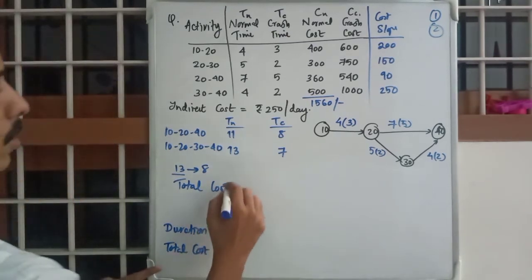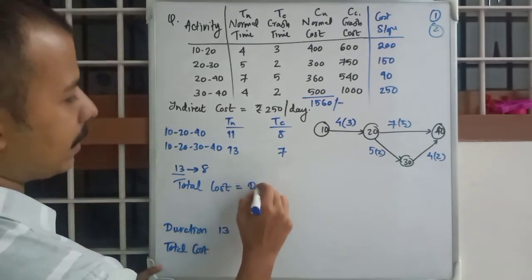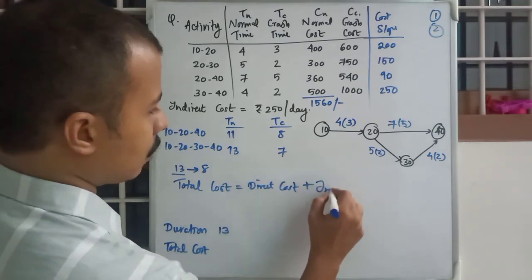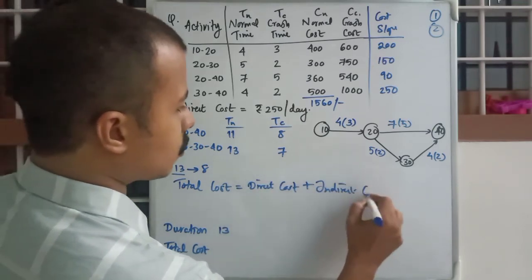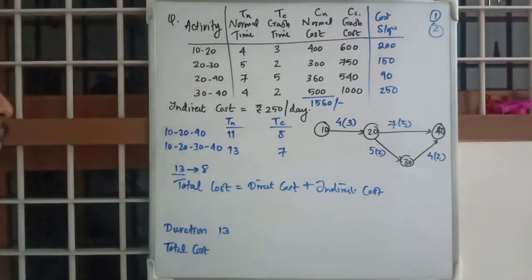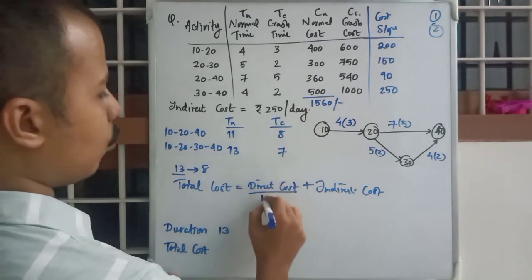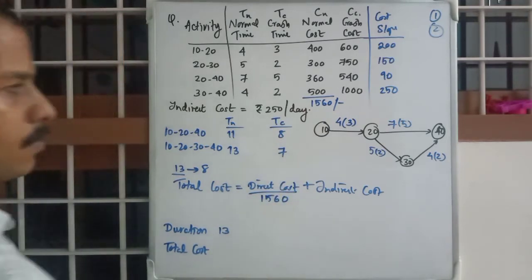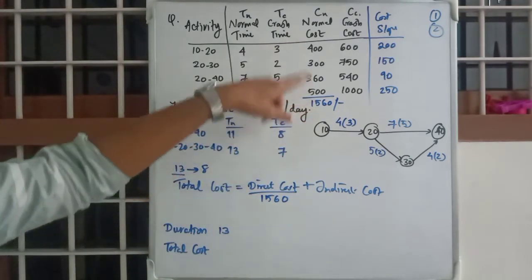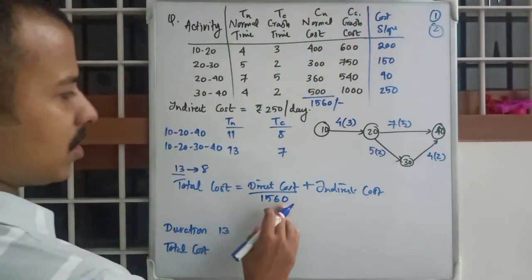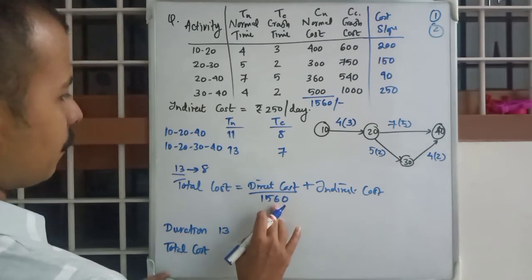What is the total cost? Direct cost plus indirect cost. Right, we discussed earlier. What is direct cost? Direct cost is 1560. The sum of all these two things is the direct cost. Okay. So 1560 is the direct cost.